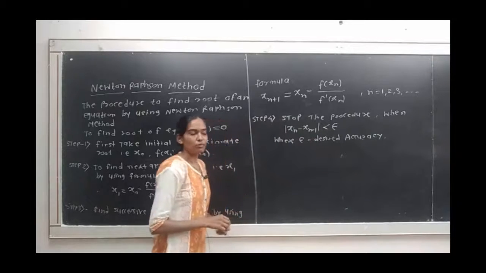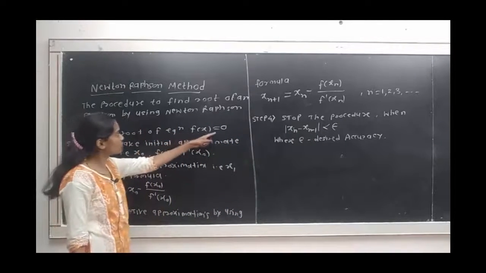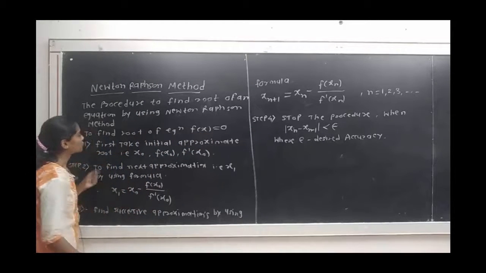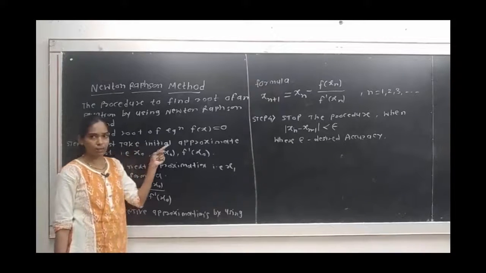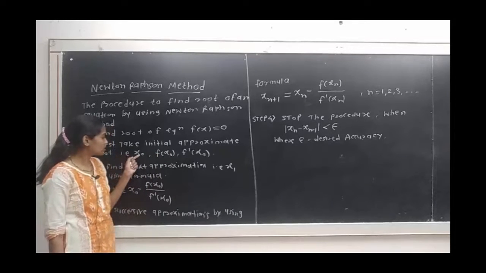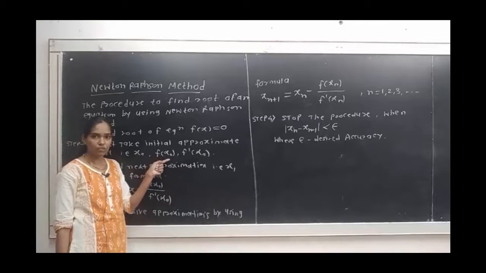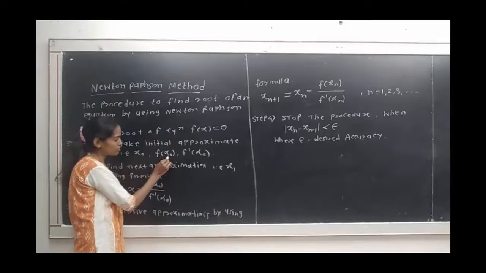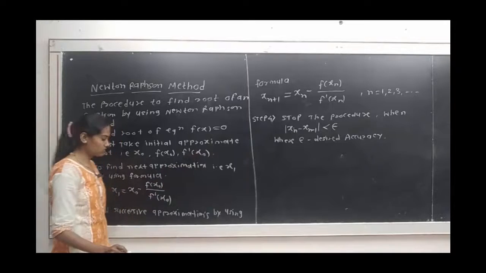This is the procedure to find the root of the equation f of x is equal to 0 by using the Newton-Raphson method. The first step is to take the initial approximate root, suppose x0. Then from that value of x0 we find f of x0 and f dash of x0, that is the value of the function and the derivative of the function at the point x0.